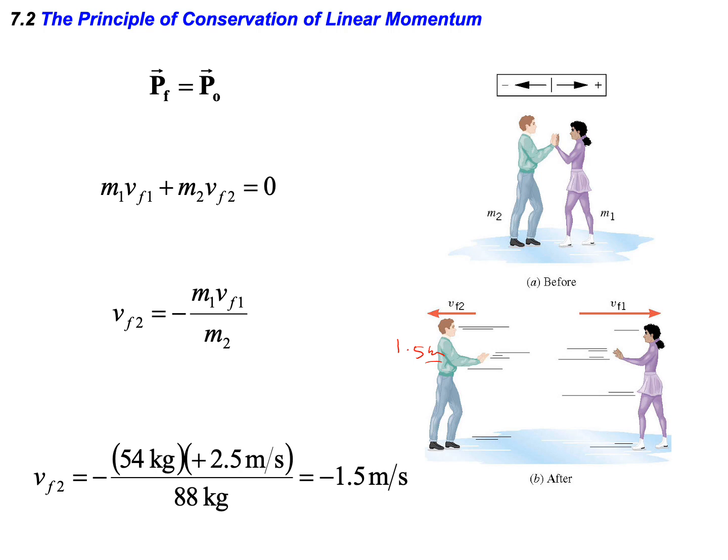It's negative because it's on the opposite side. The woman's speed is 2.5. Notice she has a higher speed compared to the man. The reason is the man is heavier because he is 88 kilograms, and the woman is 54 kilograms. So the lighter the mass, the higher the velocity. The higher the mass, the lower the velocity.